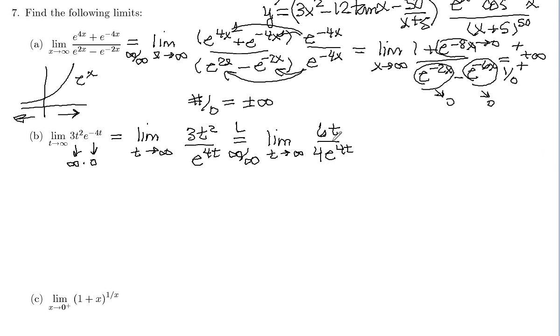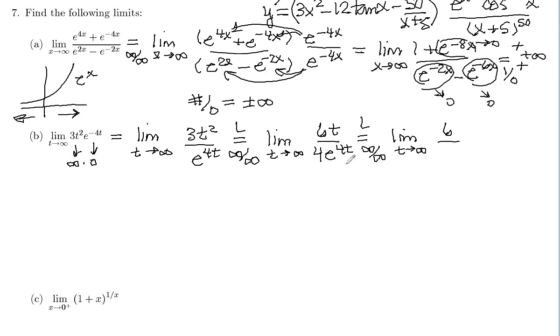And t is going to infinity. 6t approaches infinity. 4e to the 4t approaches infinity. That's still infinity over infinity. It's still indeterminate, so we can do L'Hopital again. Don't forget your limit sign, because the two limits are equal, but the expressions aren't equal. So this equals the limit as t goes to infinity. Differentiate 6t, and now you've got a 6.